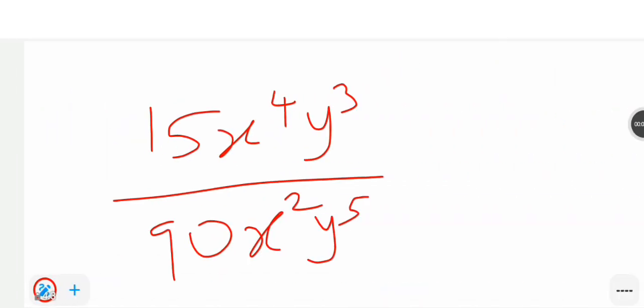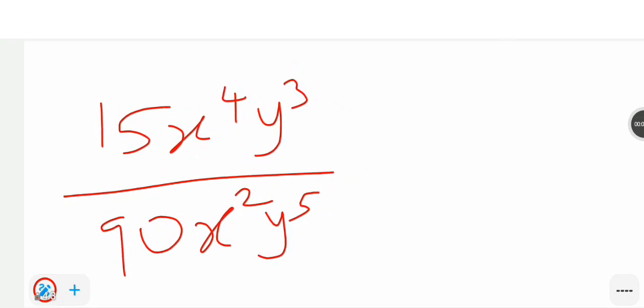To simplify this is very straightforward. You just cancel, you can just cut it straight up. You have x here, and you have it in 4 places at the top but in 2 places at the bottom. By the time you cancel out, it's going to appear just twice, so you're going to have x squared.